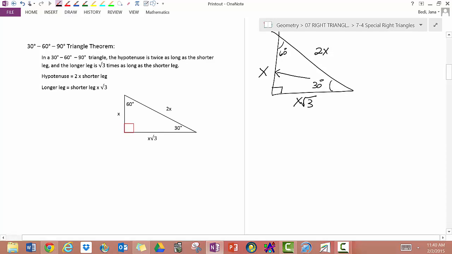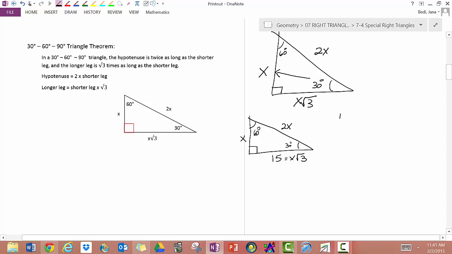We'll say that the long leg is 15. This is 30 degrees. So if this is x, then this side would be x root 3 and this would be 2x.